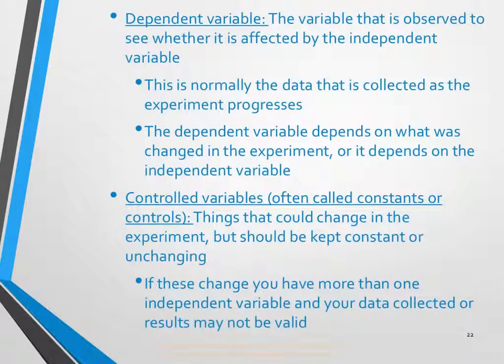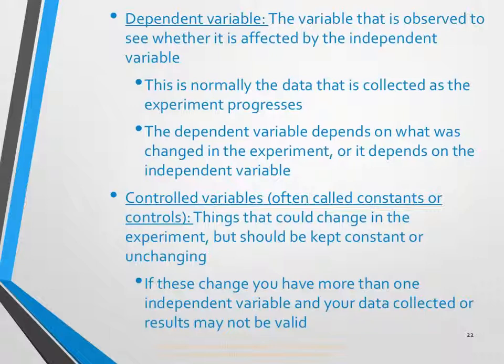Okay, so the next kind of variable is called the dependent variable, and this is the one that's observed to see whether it's affected by the independent variable. So the dependent variable is your result that you're going to see. It's normally the data that's collected as the experiment progresses, and it's going to depend on what has been changed in the experiment.